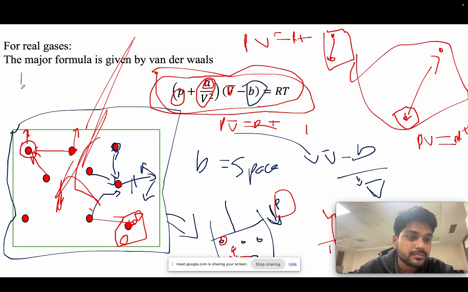Suppose this is R, this is one molecule and this is another molecule, and I move like this, there will be zero. This is the energy force, how much energy is required. Initially it will be near zero, because the two molecules are very far from each other.